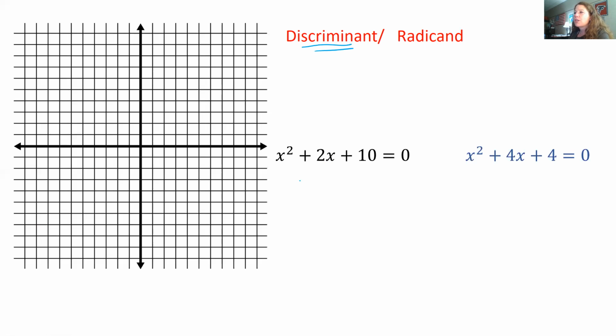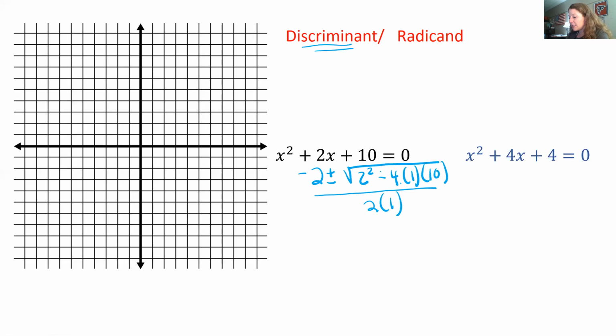All right, so we're going to do the opposite of 2, plus and minus the square root of 2 squared minus 4 times a times c, all over 2a. So under the radical, I'm typing in 2 squared minus 4 times 1 times 10, and I get negative 36.